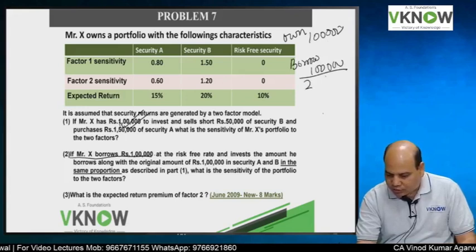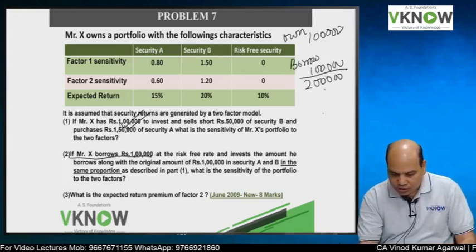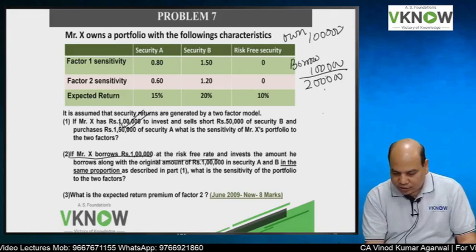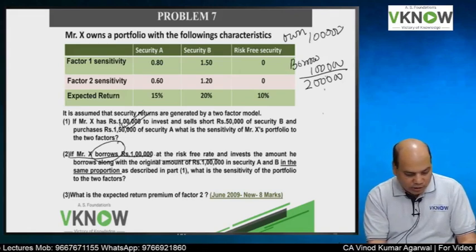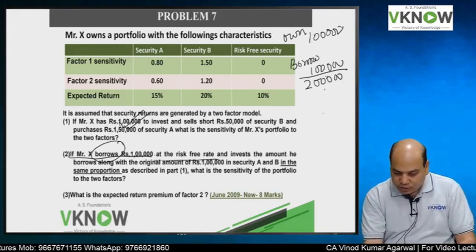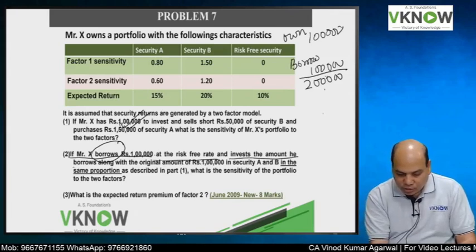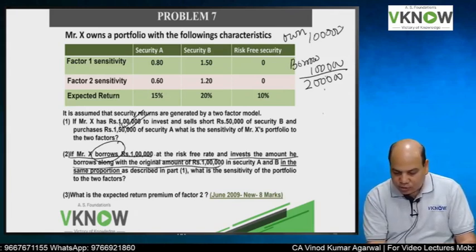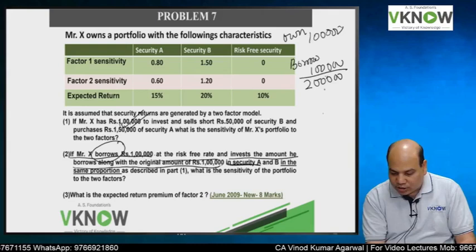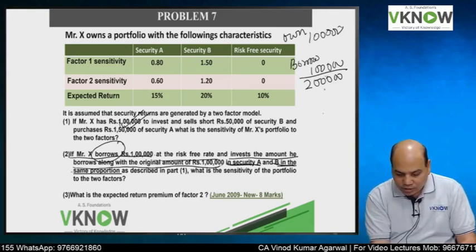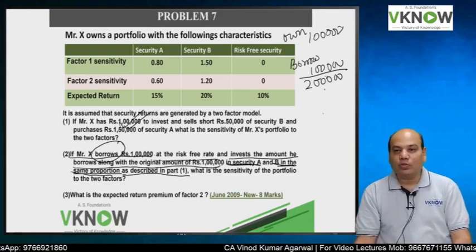So right now he has 2 lakh rupees at the risk free rate. Borrowing will be given a negative weightage. Is it right? And invest the amount he borrows along with the original amount of 1 lakh in security A and B in the same proportion as described in part 1.